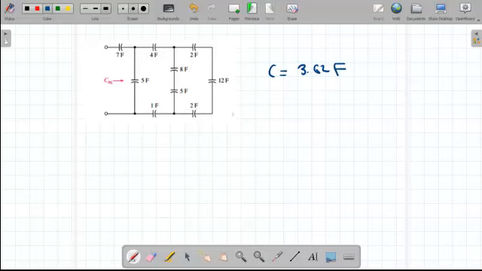Okay, so the answer should be 3.6 farad. So this is 2 in series and all this 3 in series. So remember that when you take the 2 series capacitors, you deal with them like parallel resistors.